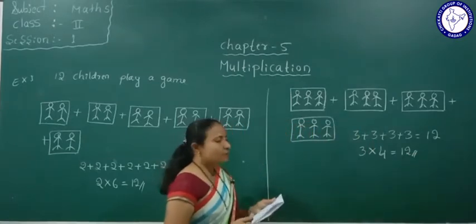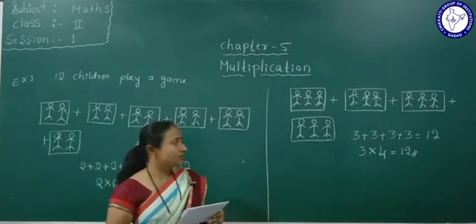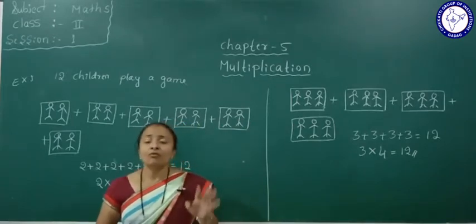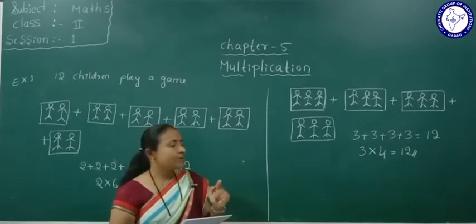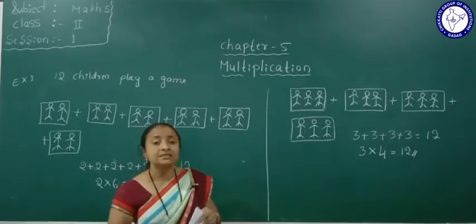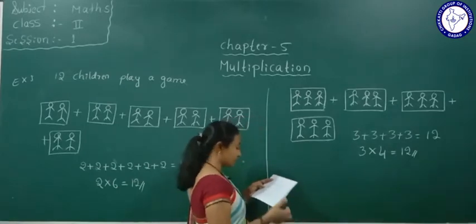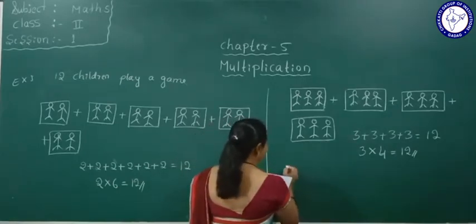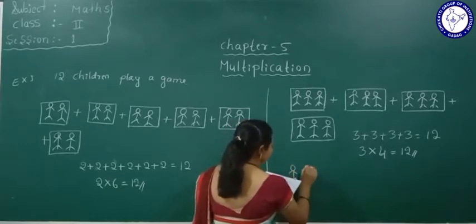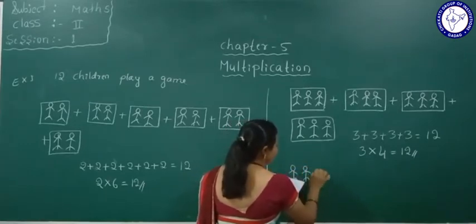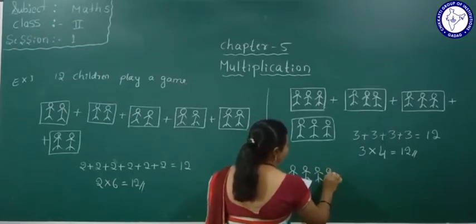Yes. Likewise, if the leader asks the children to make 4 members in one group, so 4 members one group, so you can stand. The leader asks his friends to stand. 1, 2, 3, 4.